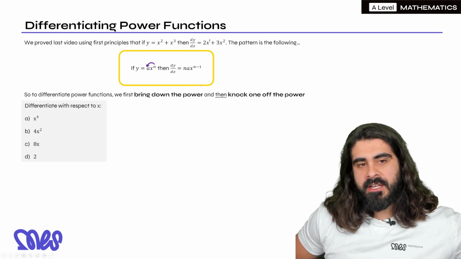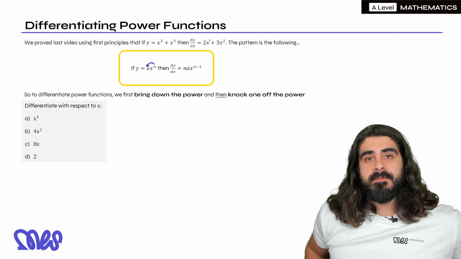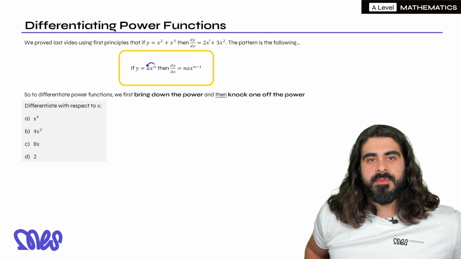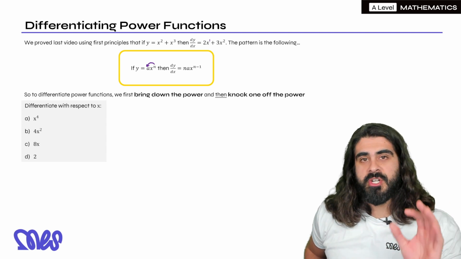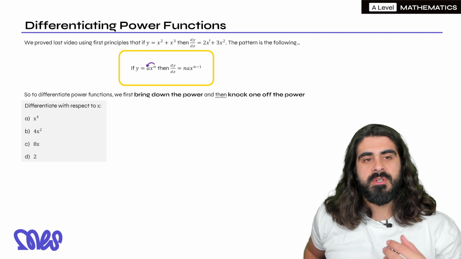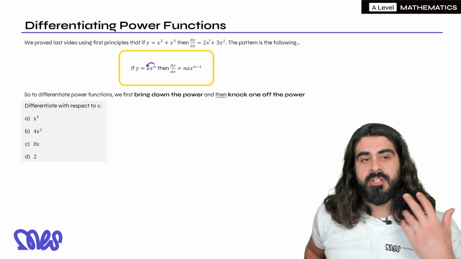Now a lot of students come to me and talk about chain rule. And they say, Neil, this is called chain rule, right? Now, one thing to make clear is chain rule is a process of differentiation. Chain rule actually applies to many different functions. We use chain rule to differentiate exponentials, which we do in year 12. We use chain rule to differentiate trig functions.